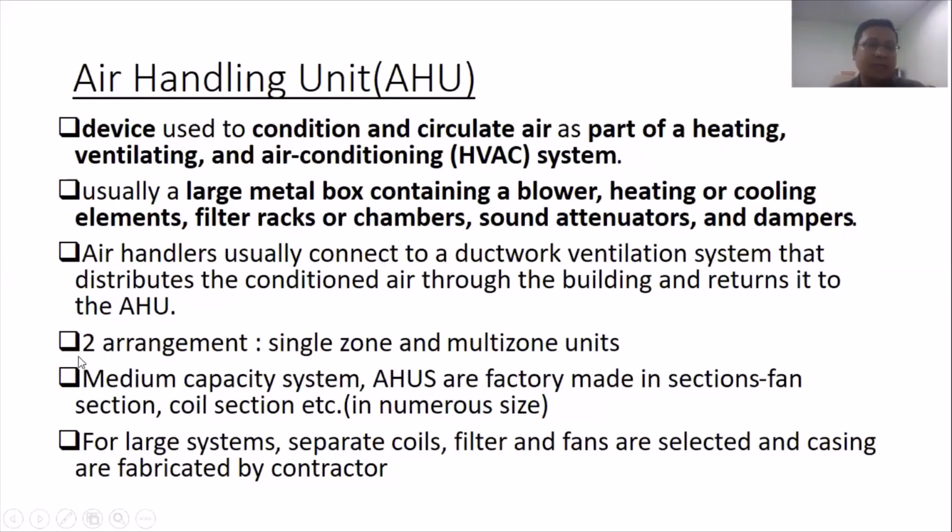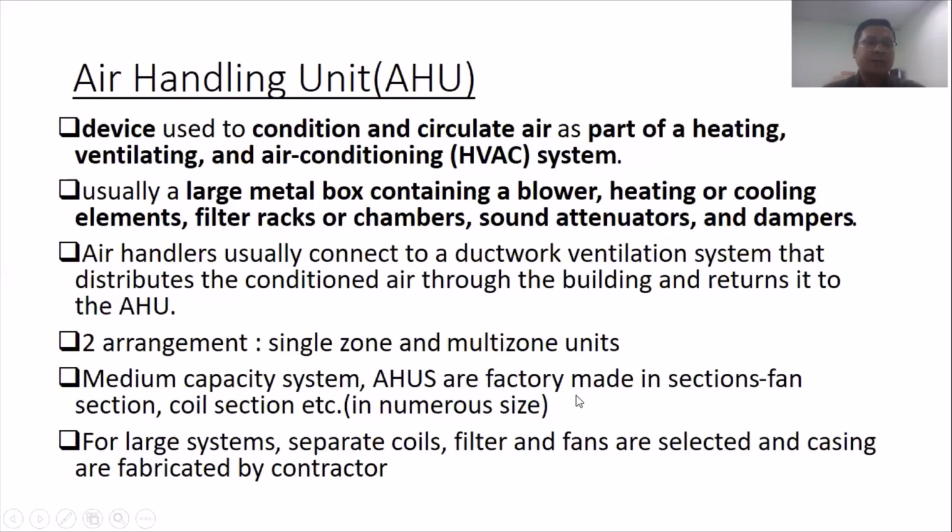So we can create for both conditions, single or multi-zone. And then for medium capacity systems, AHUs are factory made in sections: fan section, coil section, in certain numbers and sizes.